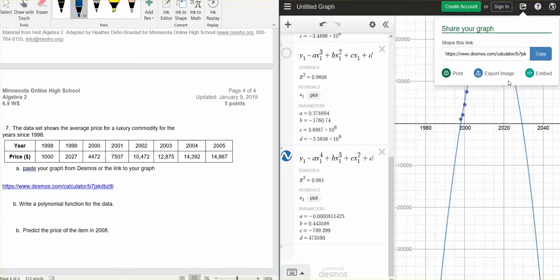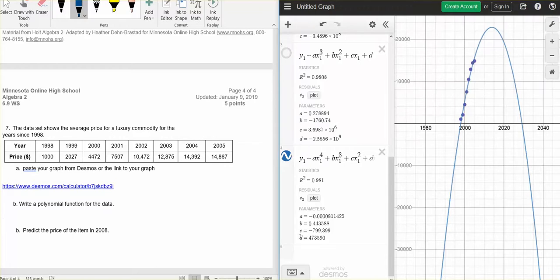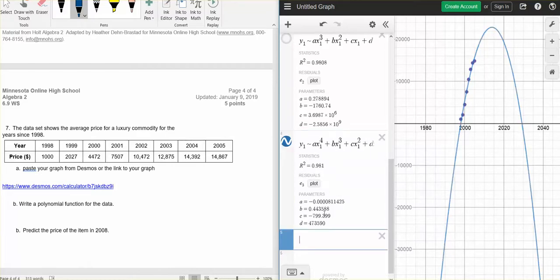So for the polynomial function, you have to replace this equation with the values of a, b, c, and d. I guess they don't have an e. So e must have been 0 then. So then I would write y equals, and then instead of ax to the 4th, I would write the negative 0.0000811, and so on.